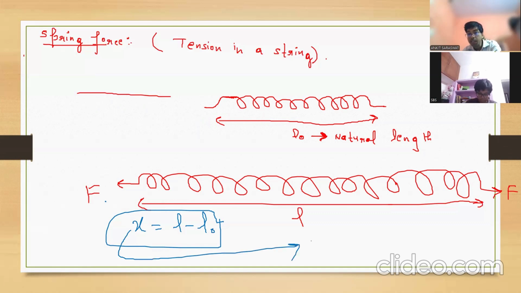Here in our case, why is it extension? It may be compression, but we are elongating, applying the force away from the center of the spring. Now what is the center? The center of the spring will be in the middle; center is the center of mass. Every body has some center. You are applying a force away from the center.